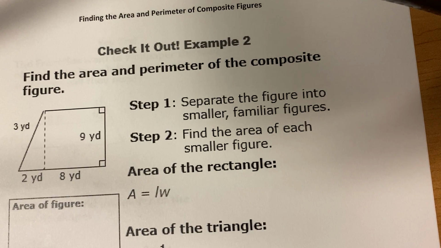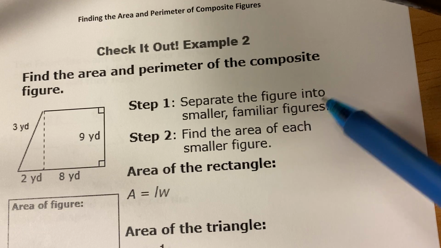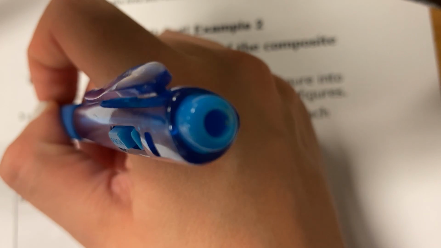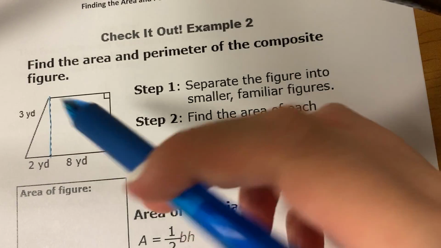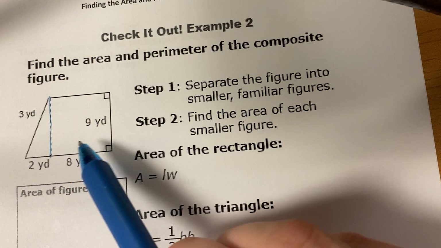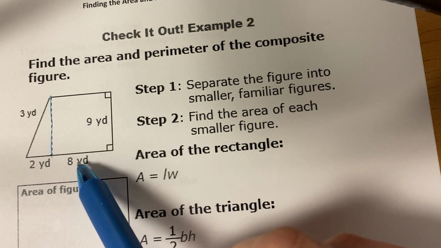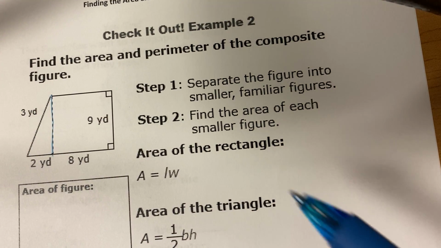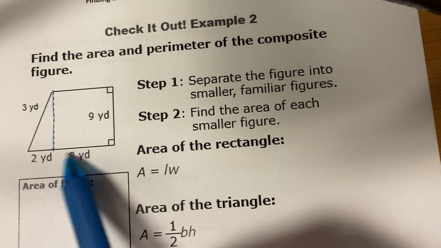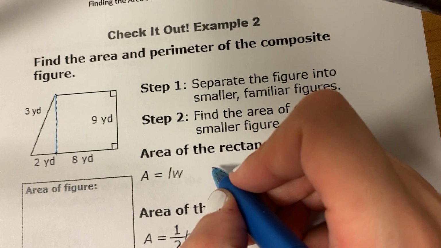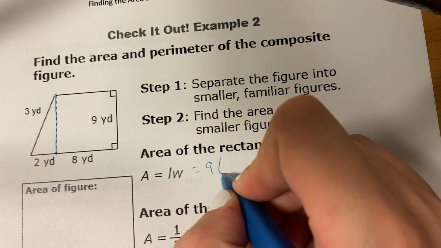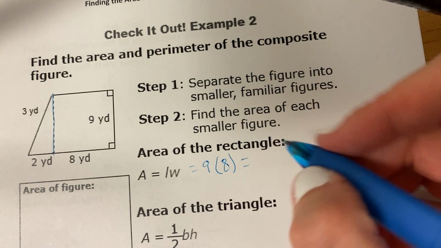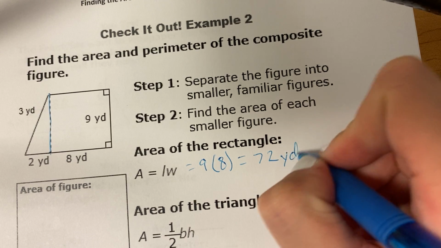All right, so let's look at this first one. Step 1, separate the figure into smaller, familiar figures. For example, if I cut this shape right here, I have a rectangle here and a triangle here, so I can find the area of the rectangle and the triangle and add them together. Area of the rectangle: my length is 9 and my width is 8, so my area is 72 yards squared.